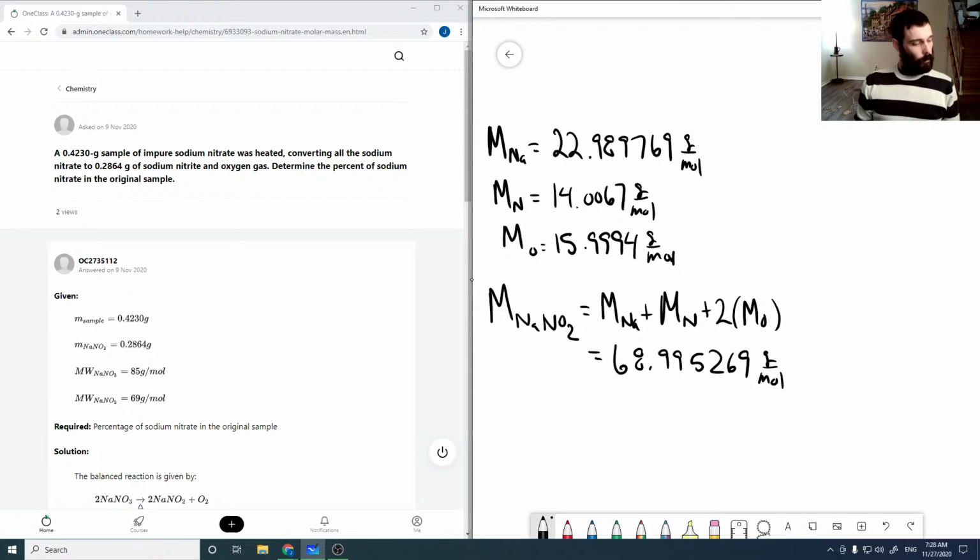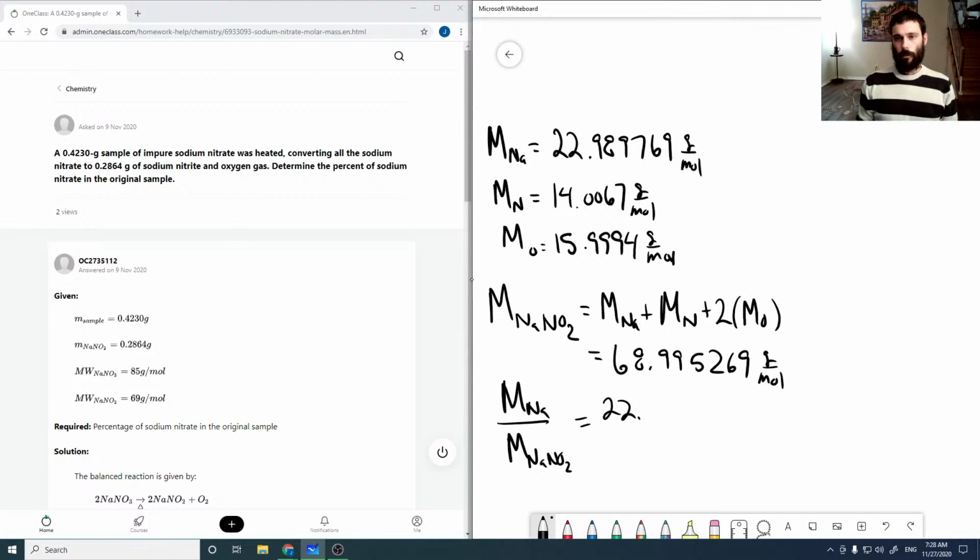And so we want to know the mass percentage now of sodium that takes up that 0.2864 grams of sodium nitrite. So we can get a mass percentage by just dividing the sodium molar mass by the sodium nitrite molar mass.